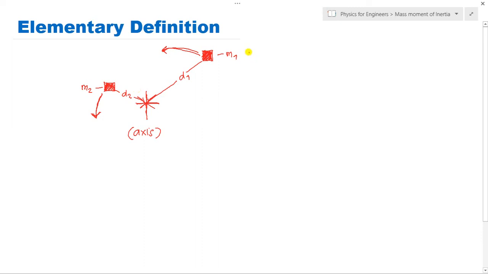So by that, we can formulate the formula for our mass moment of inertia.